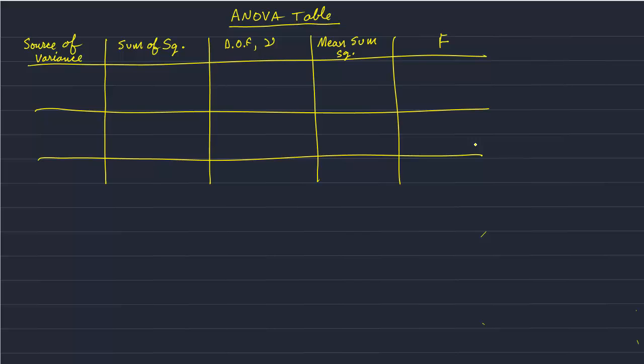And so at the very bottom is the total variance, and that's written as SST, and again was the sum of each of our data points minus the mean value of y, squared. The degrees of freedom were n minus 1, and the mean sum of squares is just SST divided by the number of degrees of freedom.